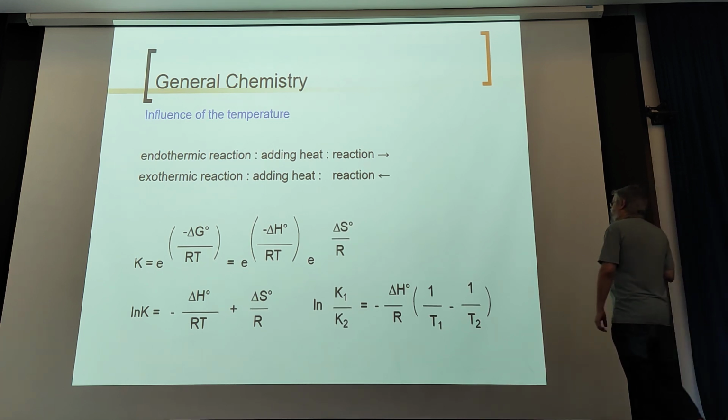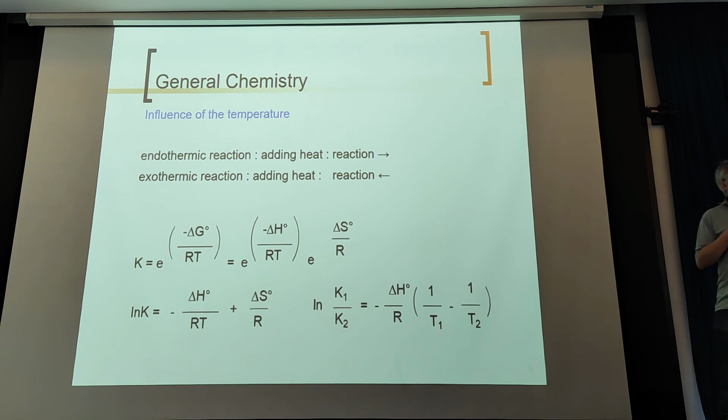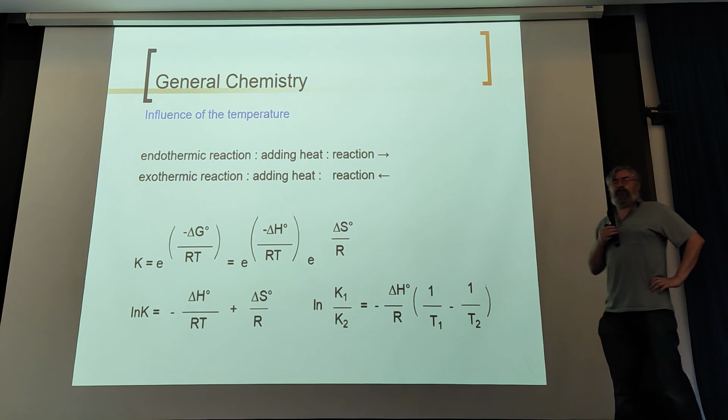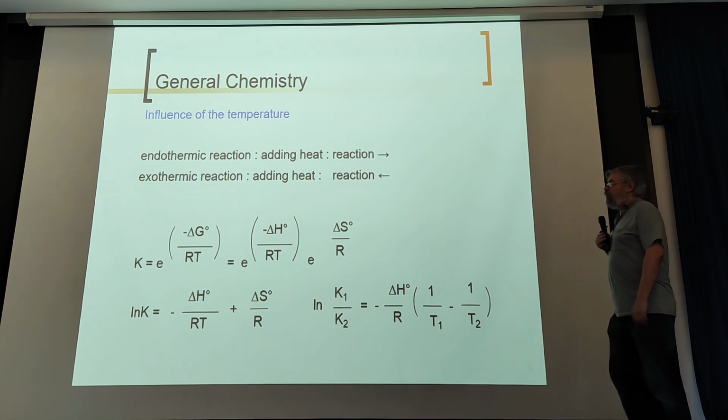So let's look a little bit more in detail, more quantitatively, at the influence of the temperature. We look at the thermodynamic expression for the free energy. So we can split the free energy term into an enthalpy and an entropy term, so delta H minus T delta S, under standard conditions.